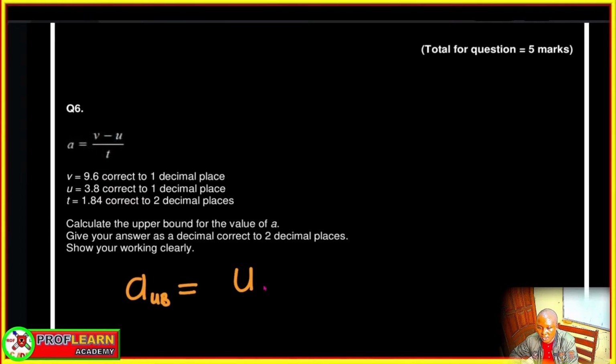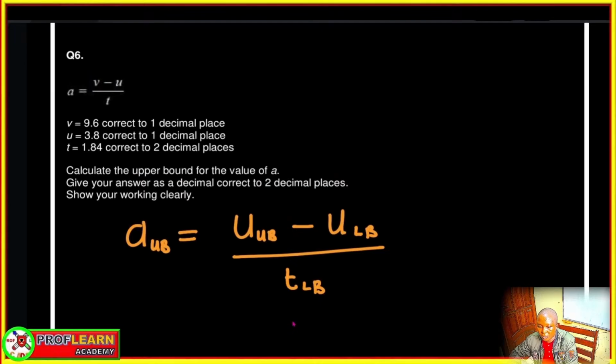For us to find the upper bound of a, it is going to be v upper bound minus u lower bound over t lower bound, so that we can get the upper bound.